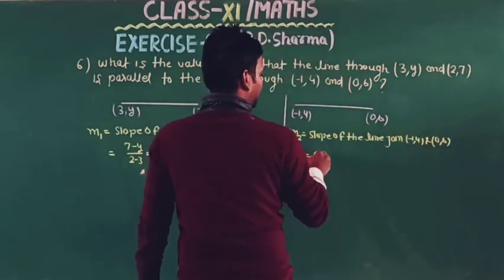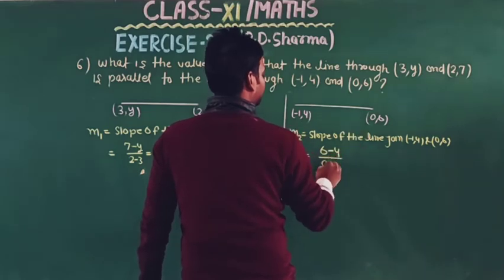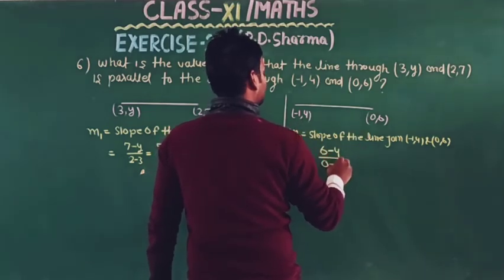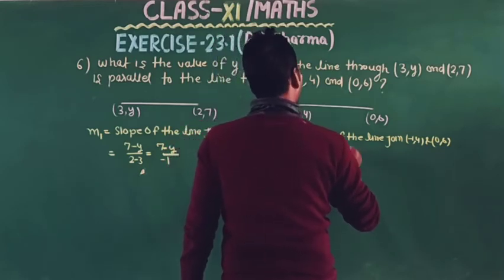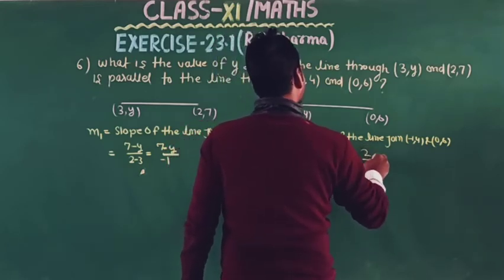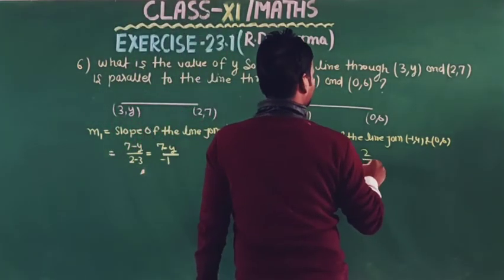That is determined by (6 minus 4) upon (0 minus (-1)). Six minus 4 is 2, divided by plus 1, which means m2 is equal to 2.